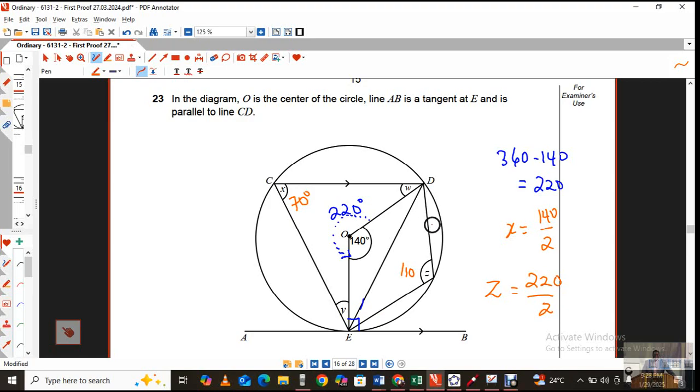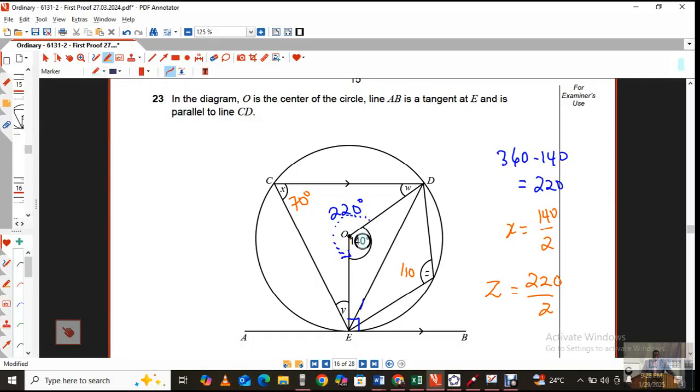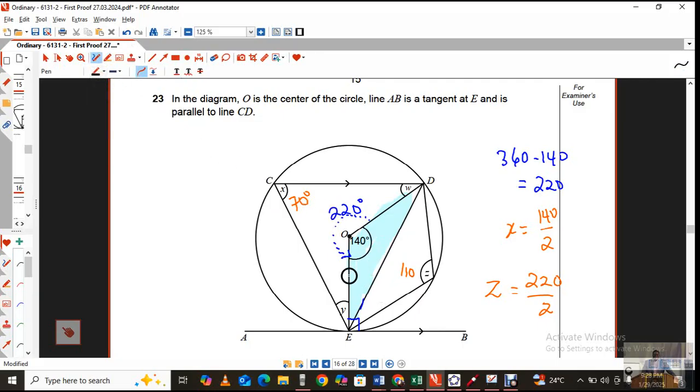Another thing worth mentioning, if you look at this triangle, I'm working on a diagram, I just want to make it a little bit lighter. This triangle here is an isosceles triangle because this is radius OE and this is radius OD.